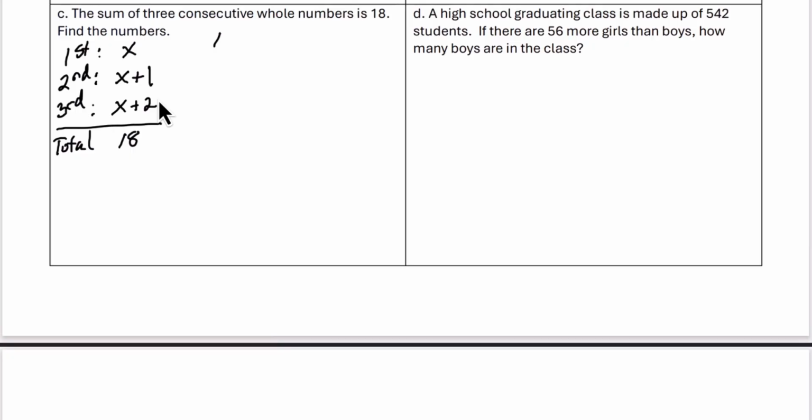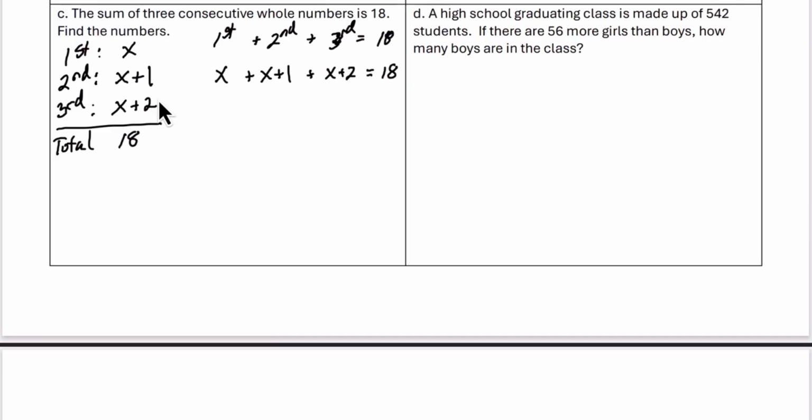So we have the first number plus the second number plus the third number for a total of 18. The first number we labeled as x. The second number we called x plus 1. The third number we called x plus 2.